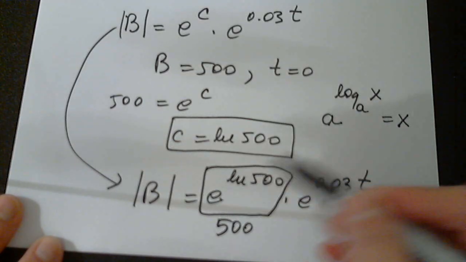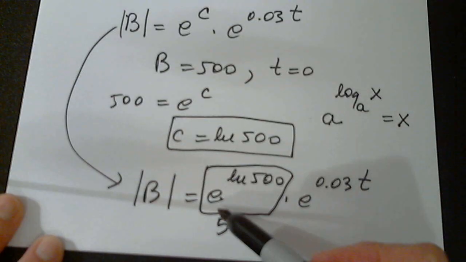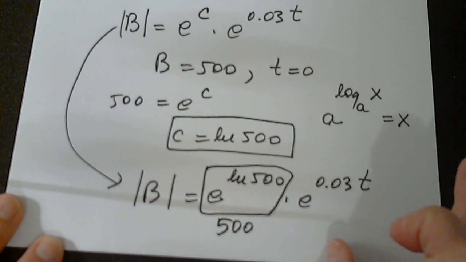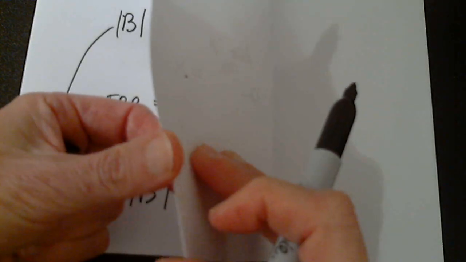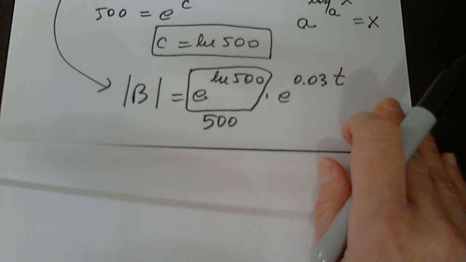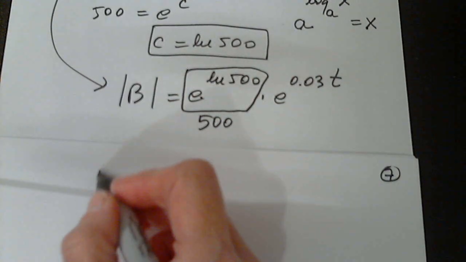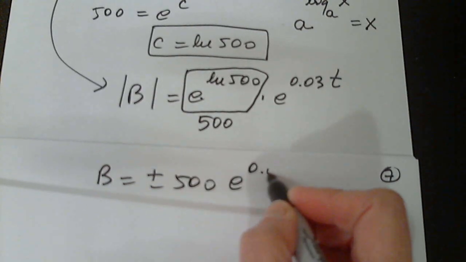Base e, and here the log also has base e. So e raised to natural log 500 is simply 500. The next step, like before, with the other examples, I have to write the absolute value of b as plus or minus 500 e to 0.03 t.